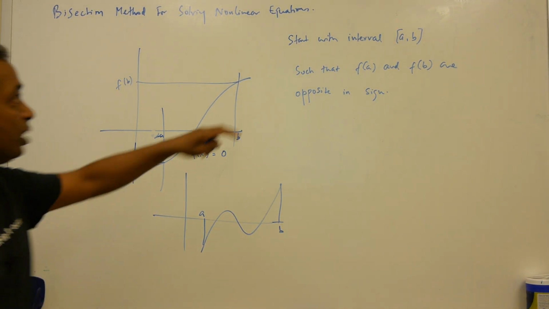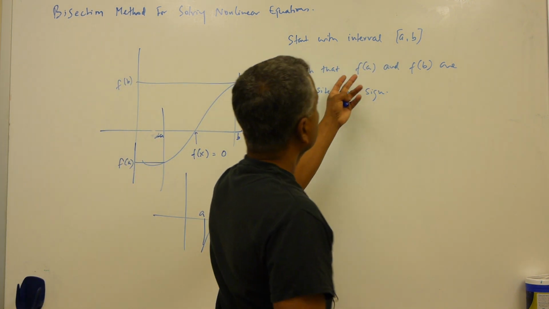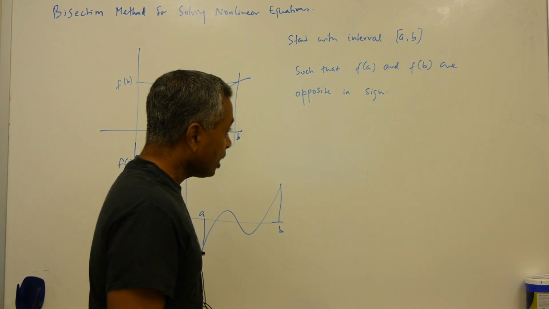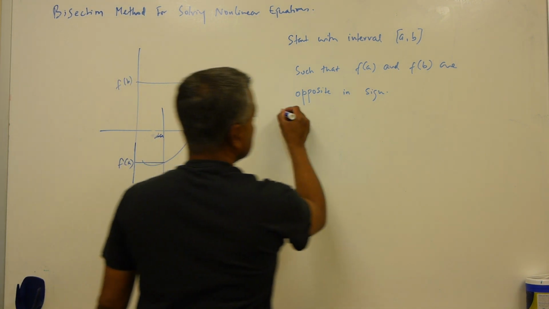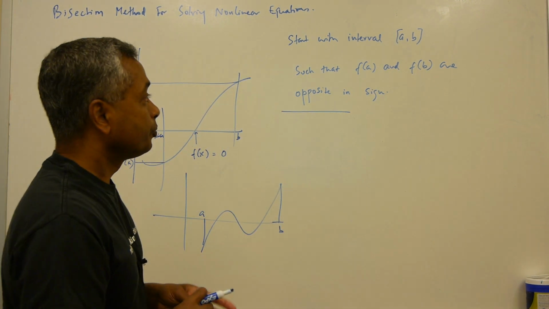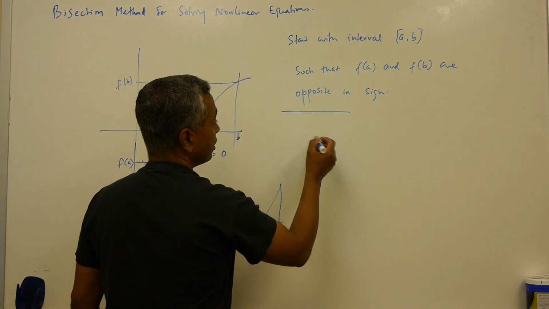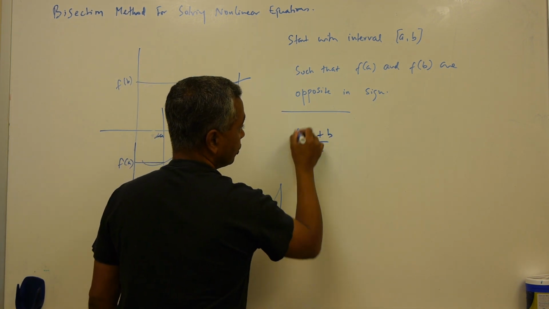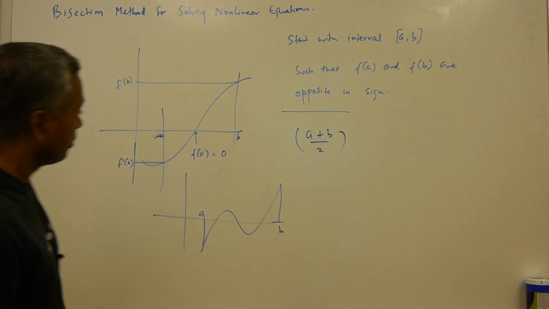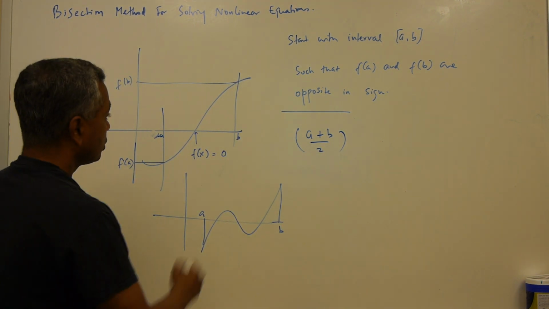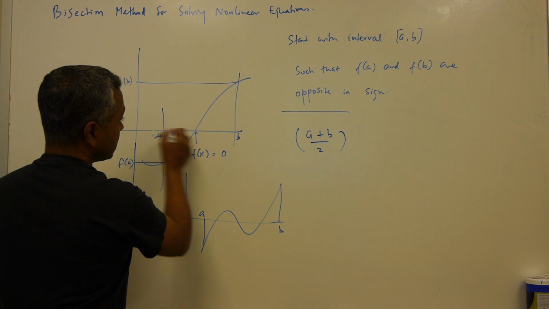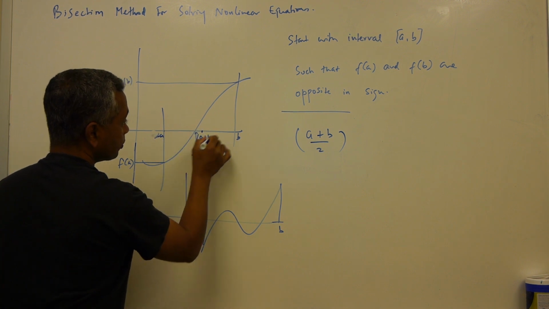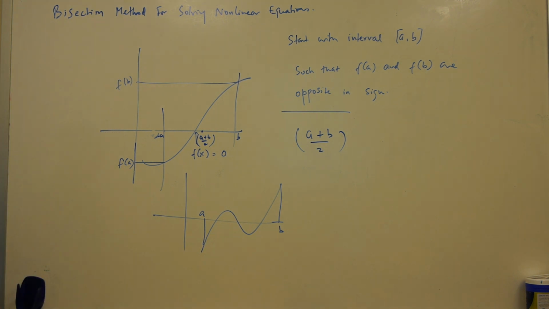So the starting point here is that you have an interval [a, b] such that f(a) and f(b) are opposite in sign. Then all you have to do is look at the value of (a+b)/2. This is the midpoint of the interval. So pictorially speaking, let's say this is a, this is b, this is (a+b)/2.